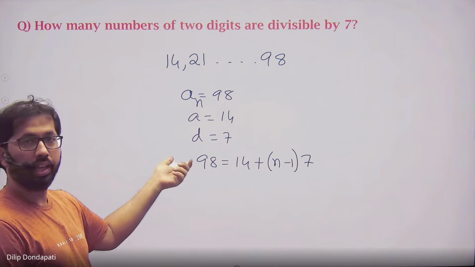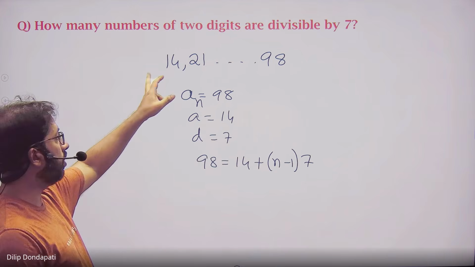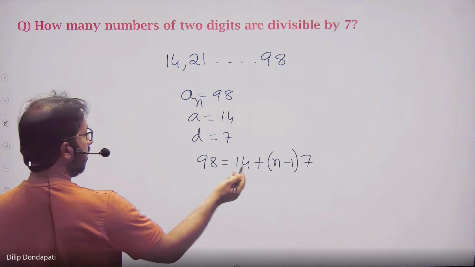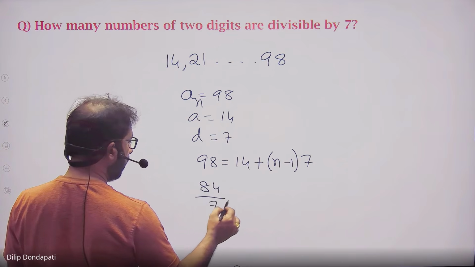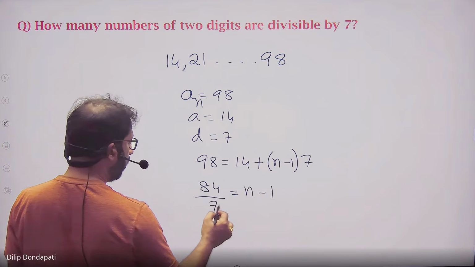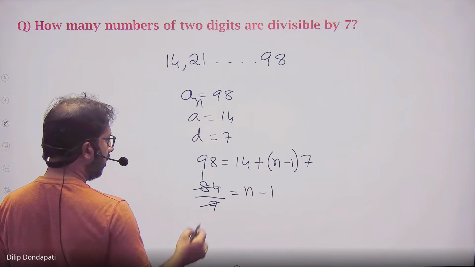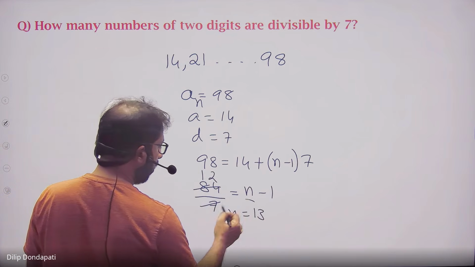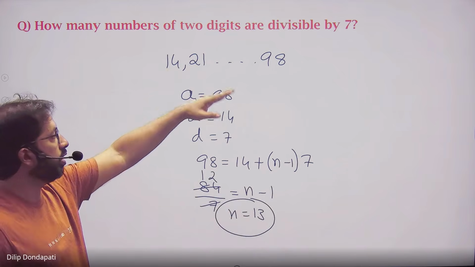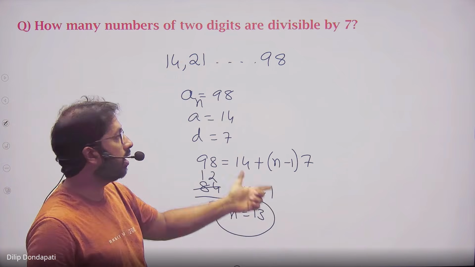Always we found the series. So 98 minus 14 is how much? 84. 84 by 7 is equal to n minus 1. So 7 1s are 7, 7 2s are 14, so n equal to 12 plus 1 is 13. So totally 13 two-digit numbers are divisible by 7.